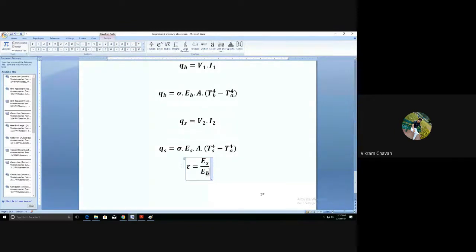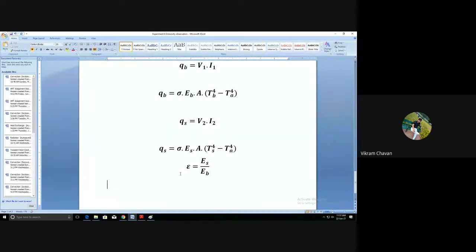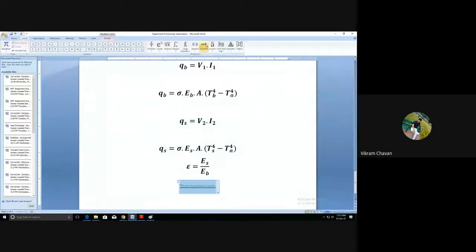Also, we can use another formula to calculate this particular emissivity of a gray body.